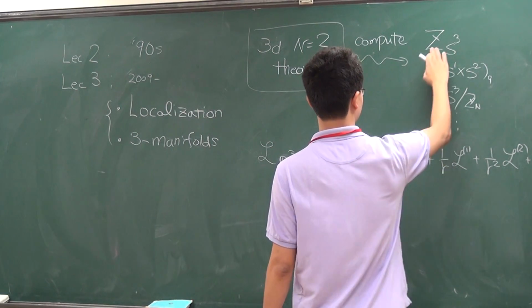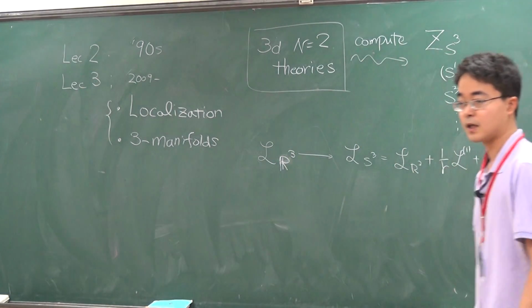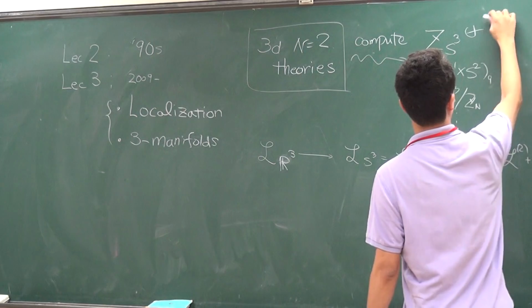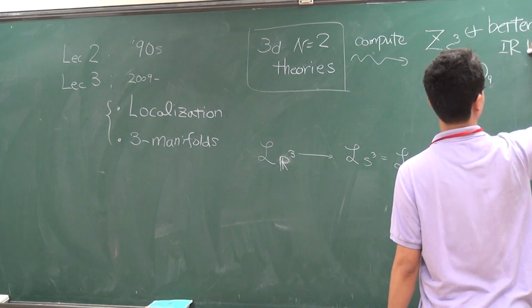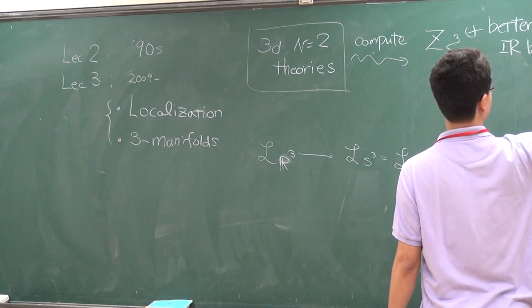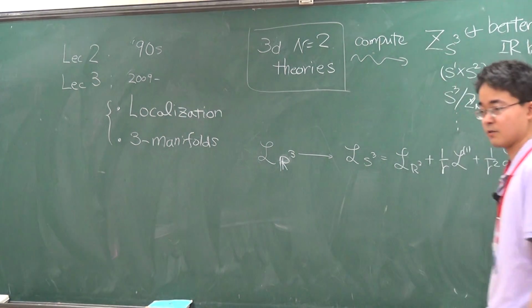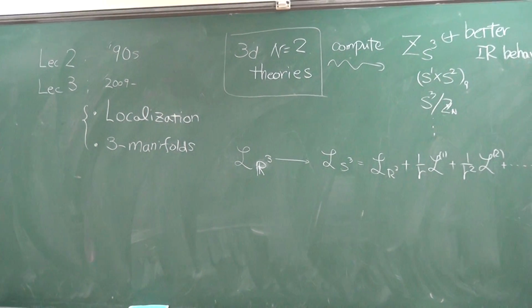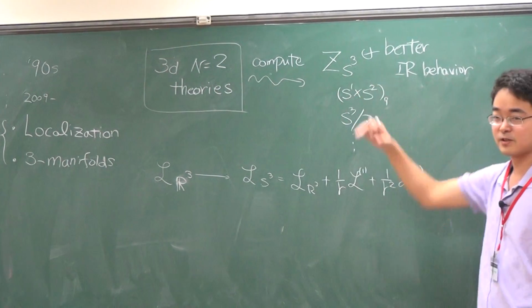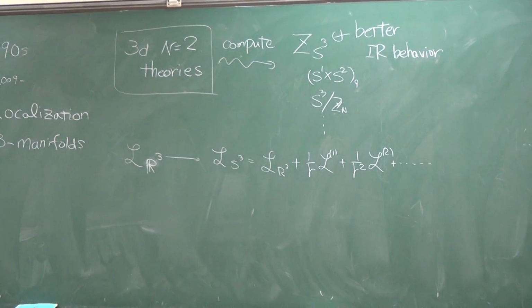The motivation for putting the theory on S3 is that it has better IR behavior. In quantum field theory there are UV divergences and IR divergences. There are still UV divergences, which I'm going to regularize later. However, since S3 is a compact space, there are no IR issues.